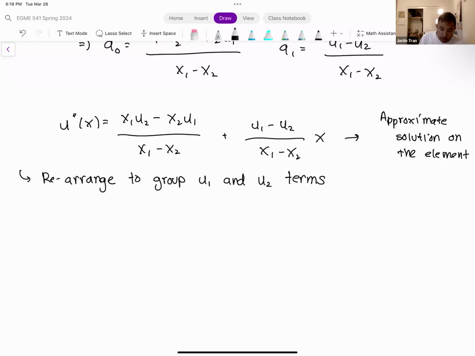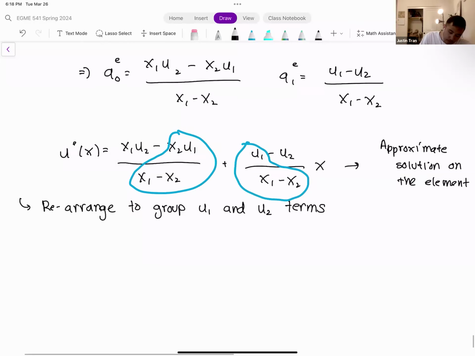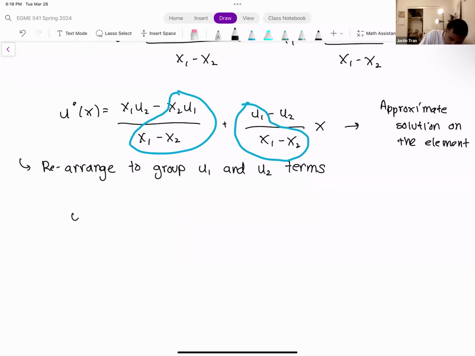If we go ahead and do that, the u1 terms you can see are this term right here and this term right here. If we group those together, we get ue of x is equal to u1 multiplied by x minus x2 all divided by x1 minus x2.